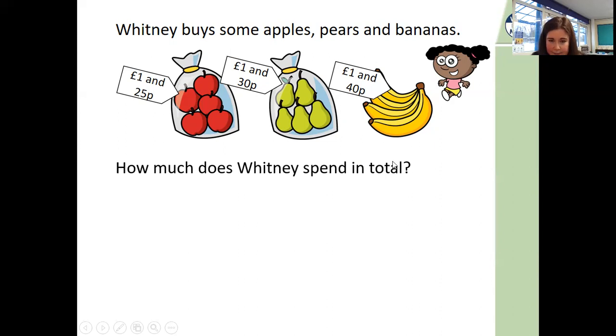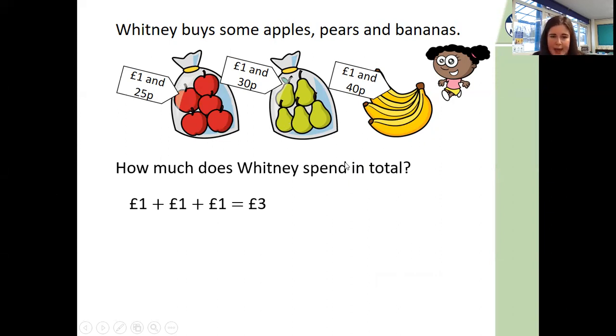We are adding. We are finding the total of these 3 items. So they all have £1. They're all £1, and then they have the pence as well. So we're going to start with adding the pounds first of all. £1 add £1 add £1 equals £3.